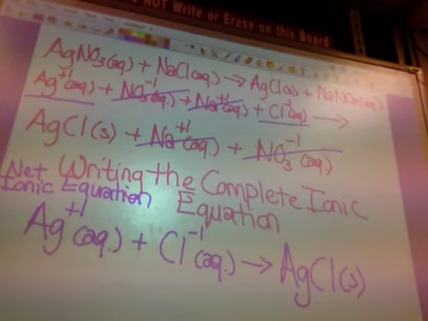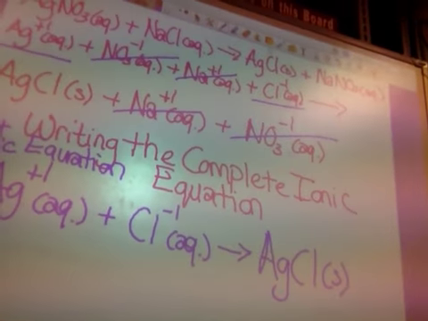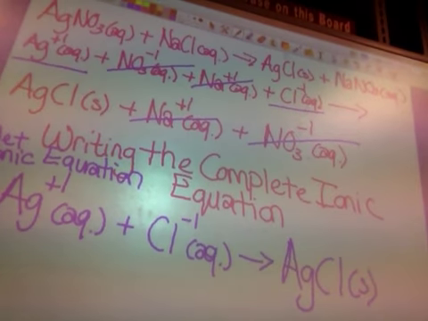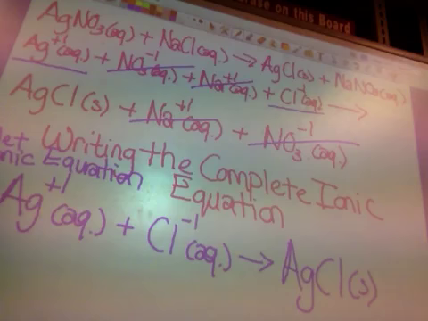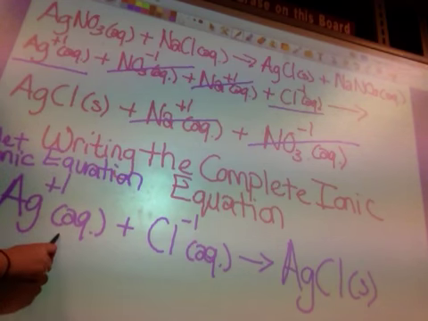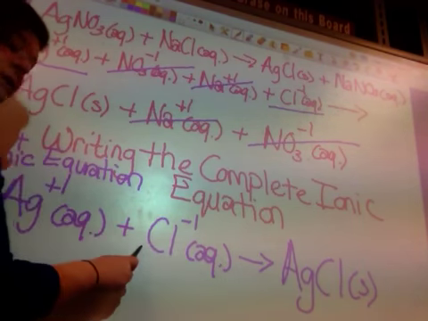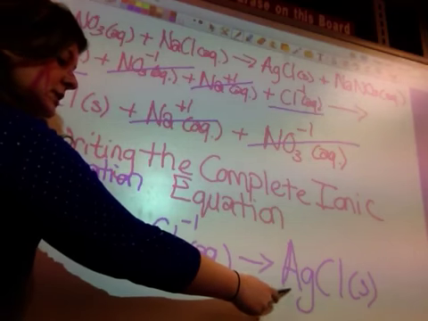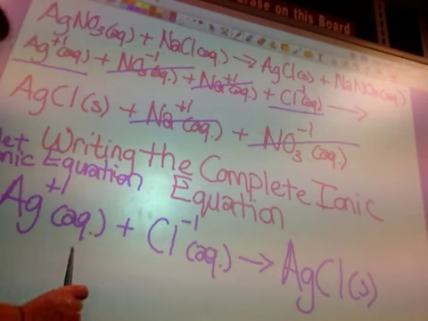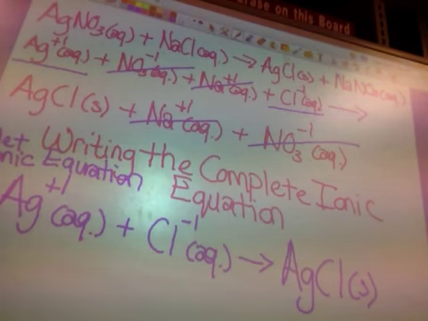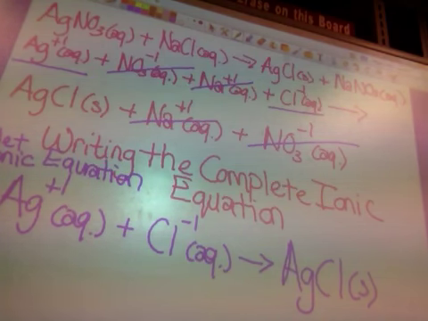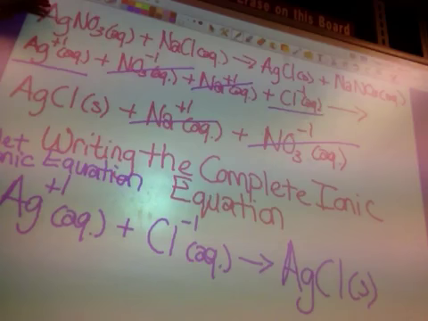But I want you to look at this equation for me and make sure that it makes sense to you. Would it make sense that on the reactant side, I have silver with a +1 charge reacting with chlorine with a -1 charge, and that creates or produces silver chloride that's a solid? It should make sense. The reason that we go through all these steps to figure this out is because this is really the reaction that's happening in this double replacement reaction.